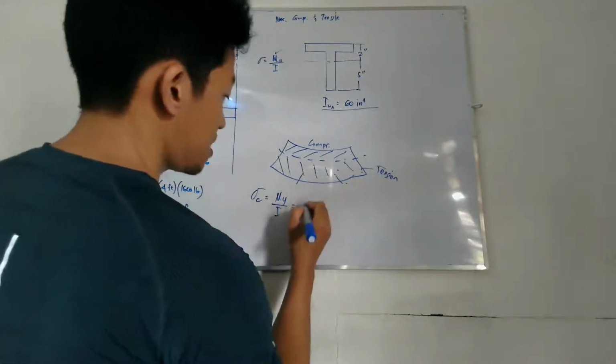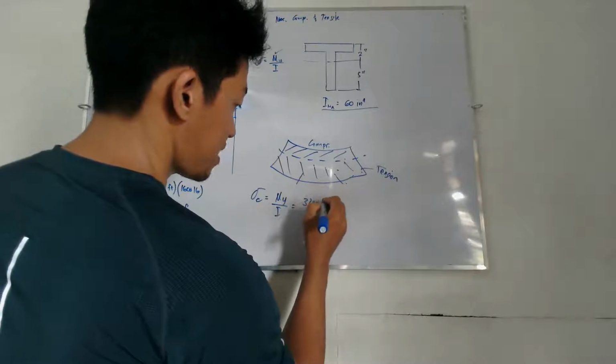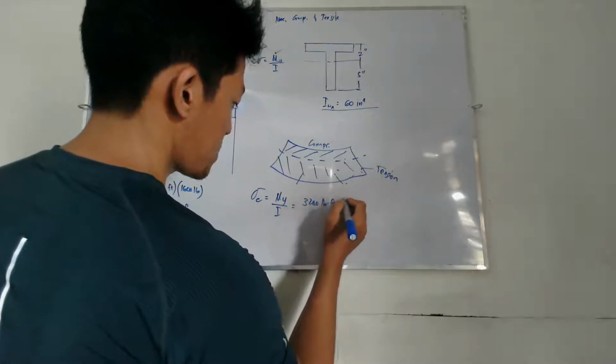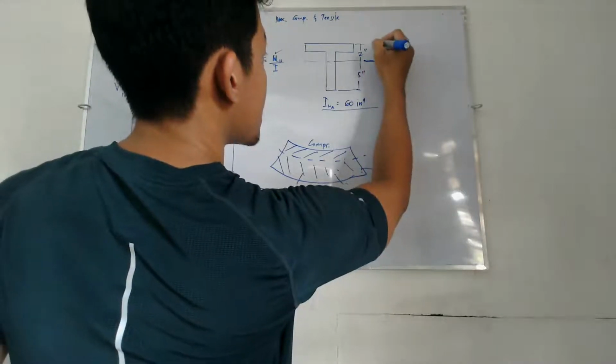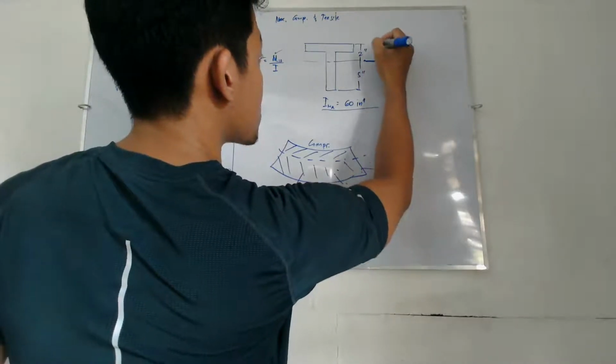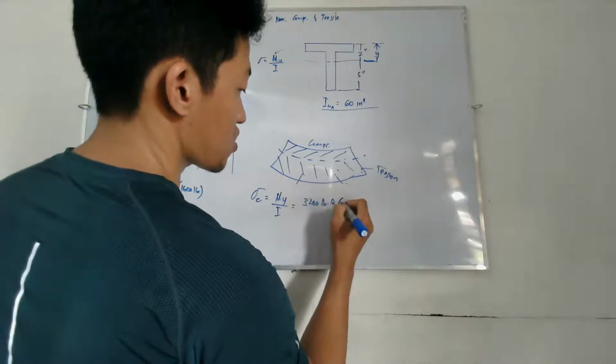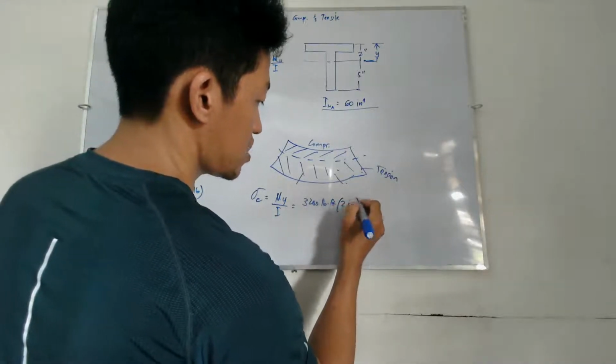So what is M? 3,200 pound feet. Y, what is y? Ang y is from the neutral axis padung sa taas, 2 inches. Inches man niya, feet.